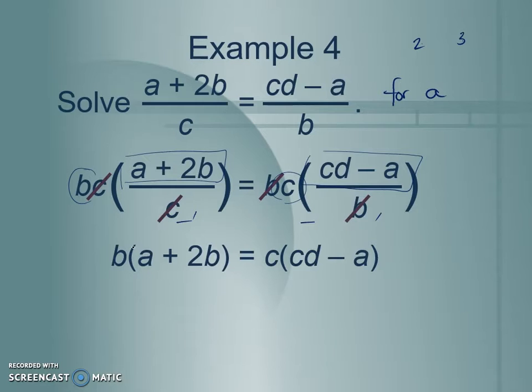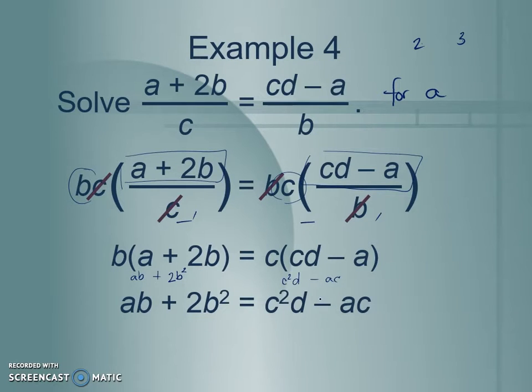Then we need to go ahead and distribute to get rid of our parentheses. So we have a times b would be ab plus, well, b times 2b would be 2b squared. c times c is c squared d, and minus ac. So that's our next step. I'm going to go ahead and continue this on the next page.